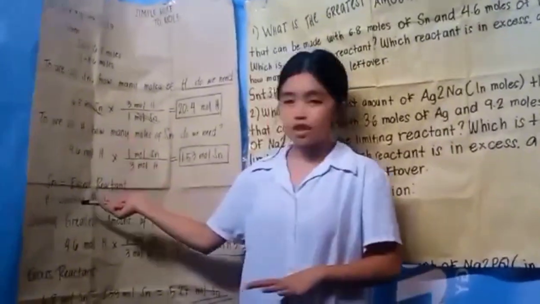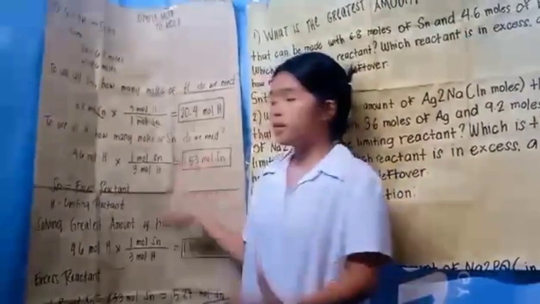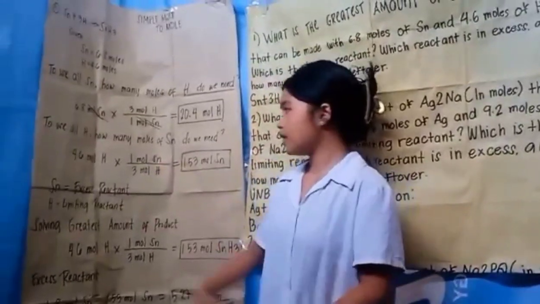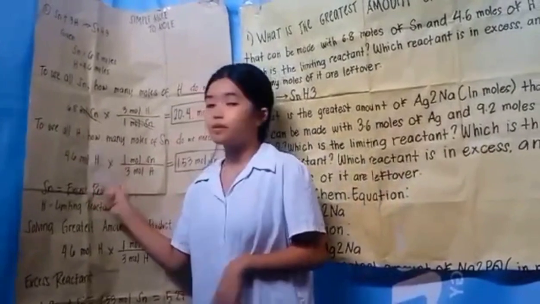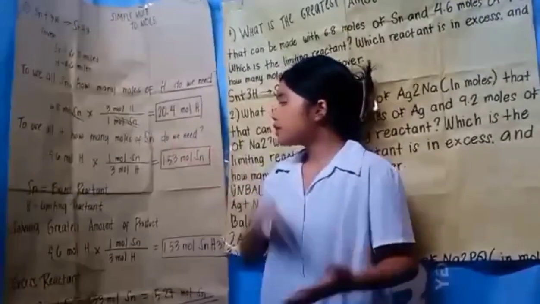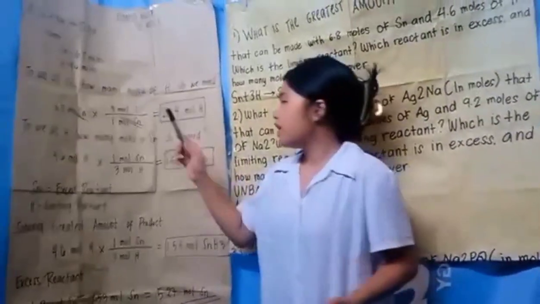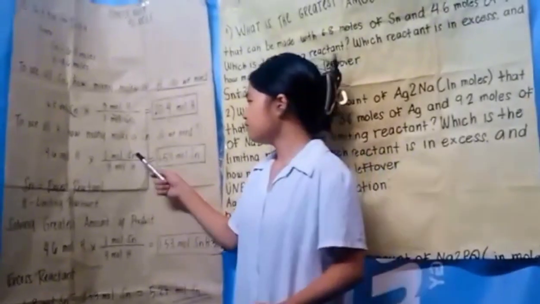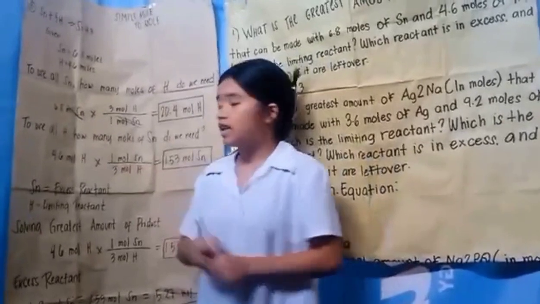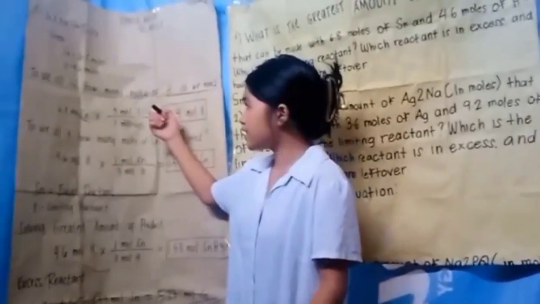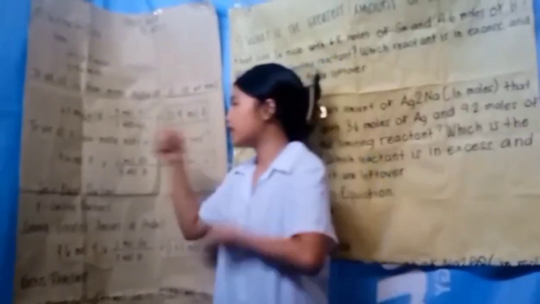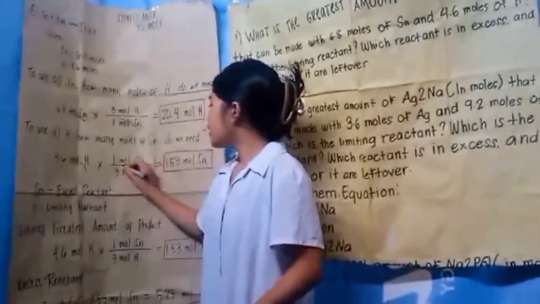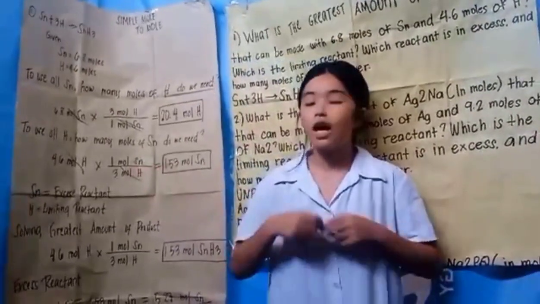And to use all the hydrogen, how many moles of Sn do we need? We have here 4.6 moles of hydrogen multiplied by 1 mole of Sn over 3 moles of H. It is the same process as problem number 1. We're going to cancel the moles of hydrogen.